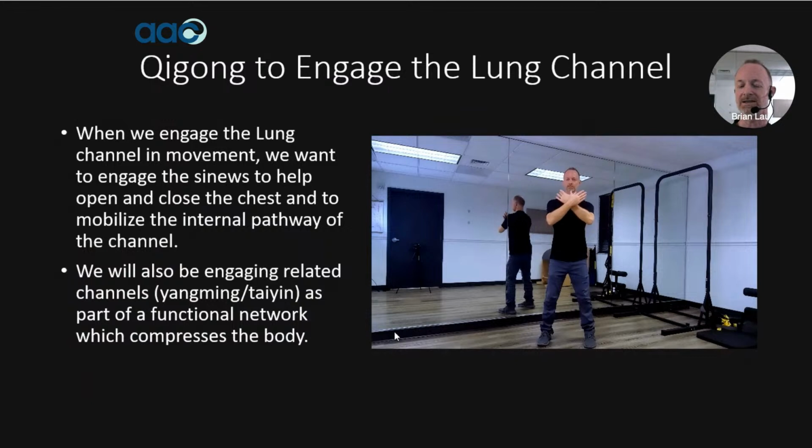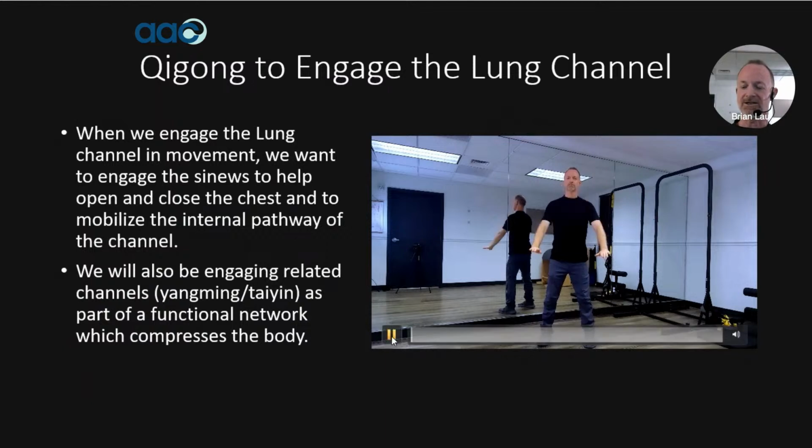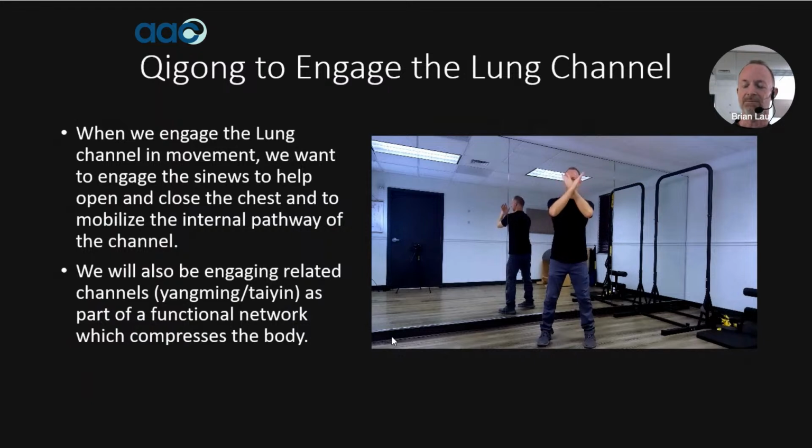So this will be really the Yang-Ming and Tai-Yin channels as a whole: the lung and spleen channels, the large intestine, and the stomach channels. But the primary focus for this one is the lung channel. So we'll come back and look at this video afterwards and highlight some features of it. But let's move on to the next slide.